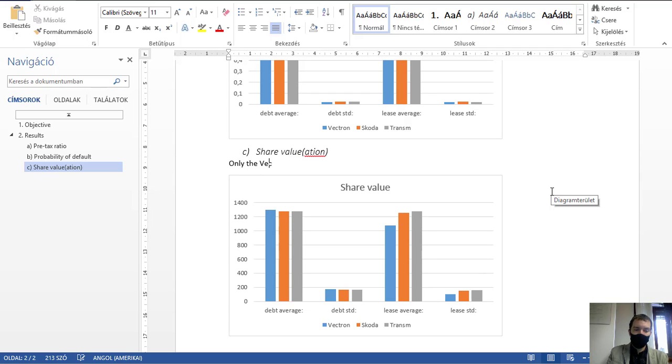Only the Vectron had a difference with the calculated share value.